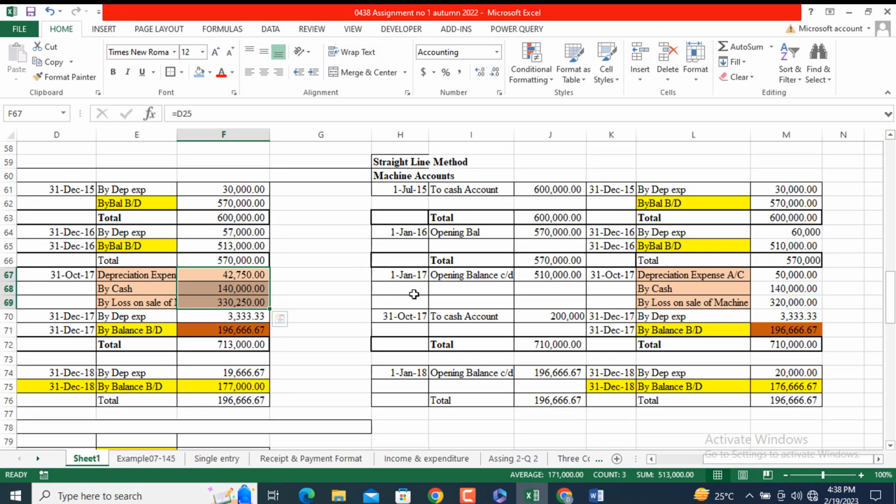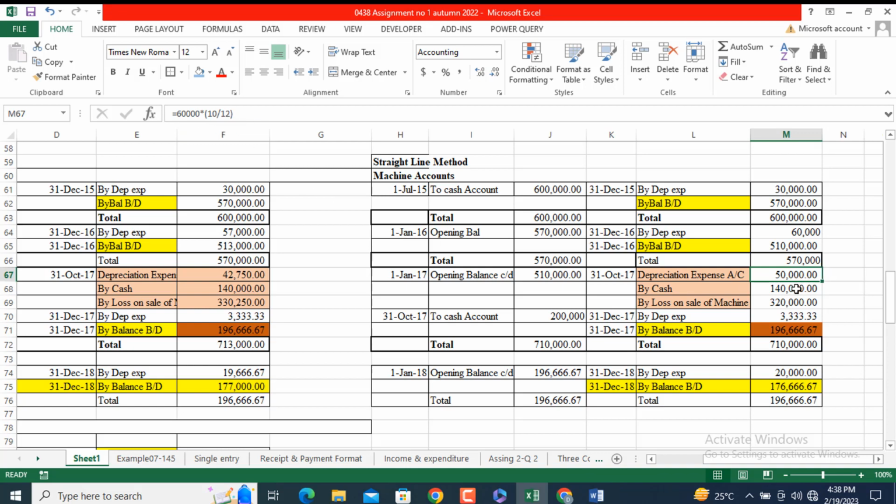Now the year 2017 has started. On 1st January 2017, the opening balance carried down from the last year is the closing balance at that time, here 510,000. For depreciation expense, because we have sold this machine on 31st October 2017, depreciation expense has been charged for 10 months rather than 12 months. So this is the amount that we have charged here. How do we calculate this? Look at this: 60,000 into 10 by 12.